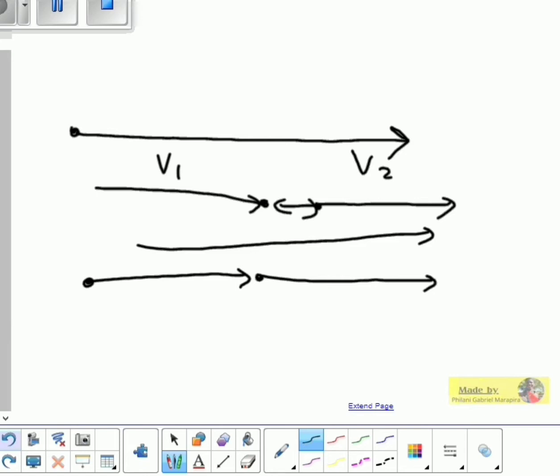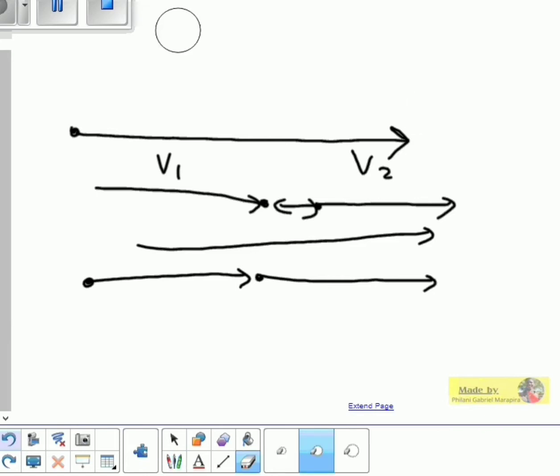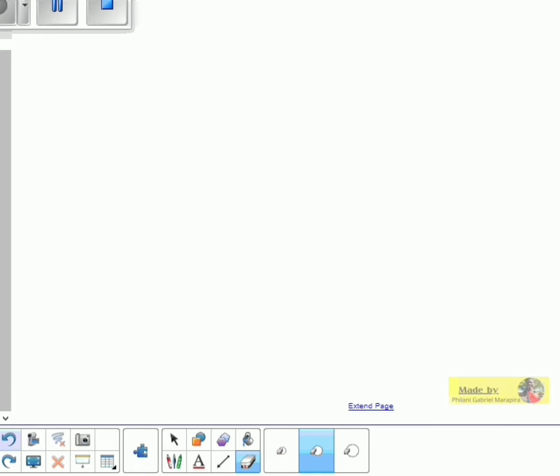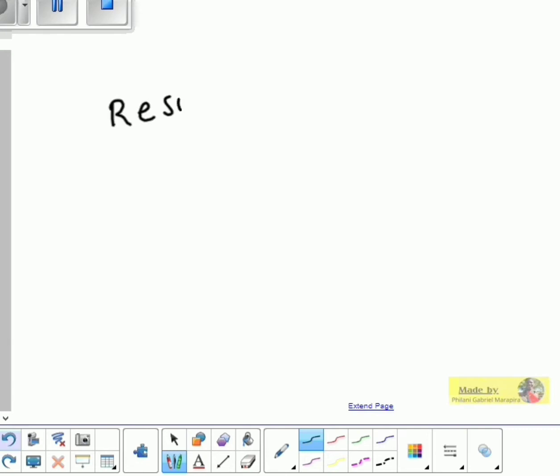Therefore, we come to this concept of the resultant vector. What is exactly the resultant vector? Basically, the resultant vector is the vector which is a result. Resultant just simply means as a result of something.